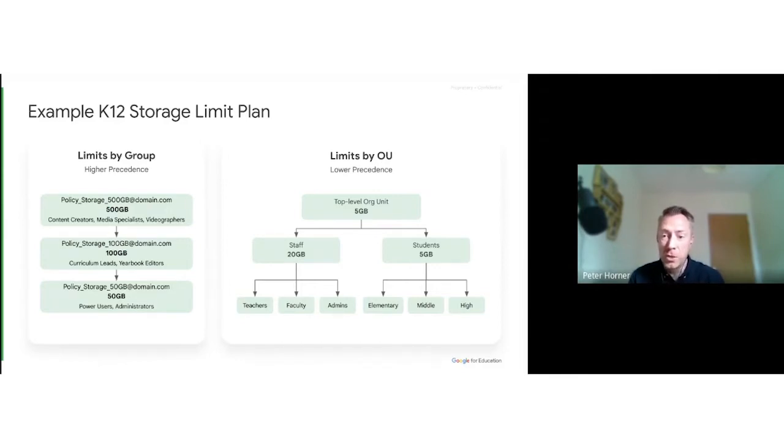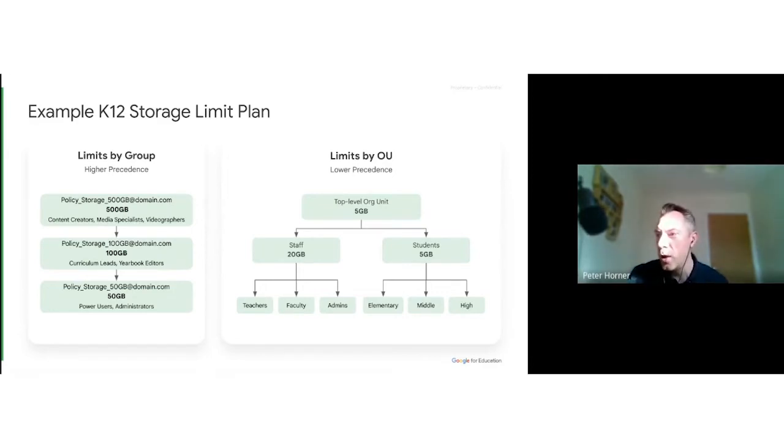And it's also worth remembering, you can also put groups in other groups and have nested groups. So if you have a photography course of students and they all need more space, then you can put that whole course group in a 50 gig group and they all get a big increase there.